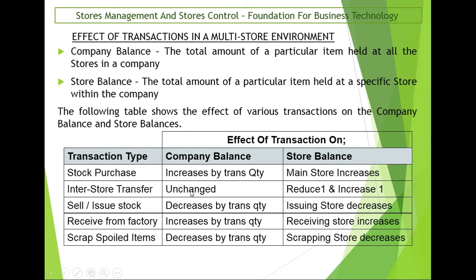When we now transfer the brooms from main store to the different branches, the total company balance remains unchanged because all the brooms are still within the company. But the one store reduces and the other store increases. So in other words, the store that is issuing or transferring out reduces its balance by the amount of the transaction, and the store that is receiving increases its balance by the same amount.